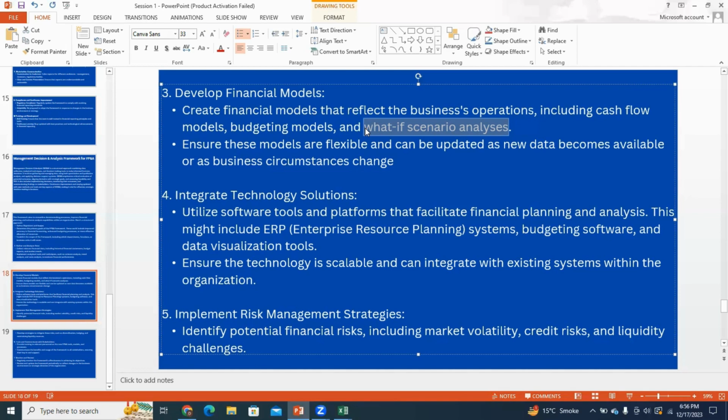Implement risk management strategies. A financial analyst should understand what the risk management strategies and tools are, and how these tools help the financial analyst in making decisions.